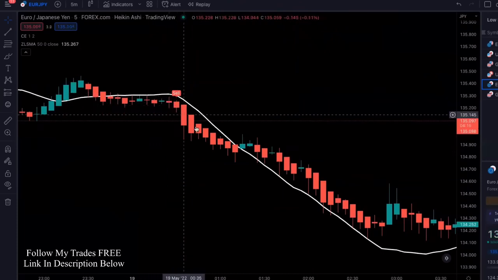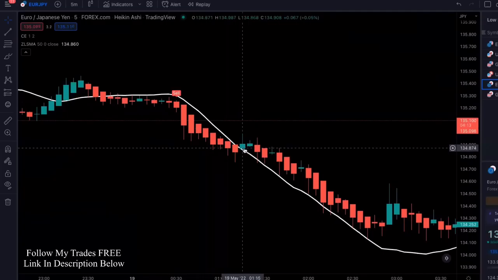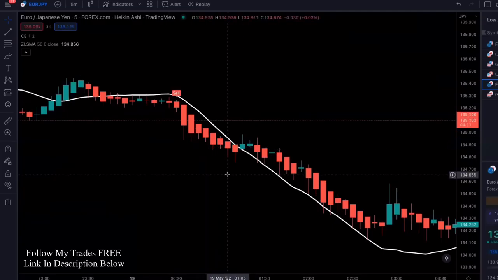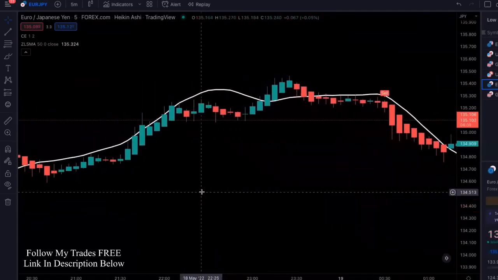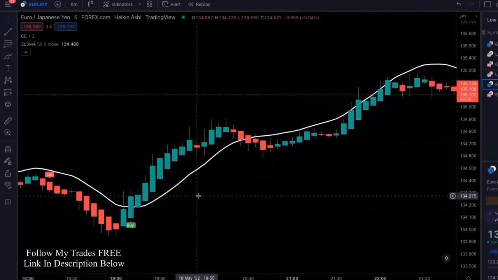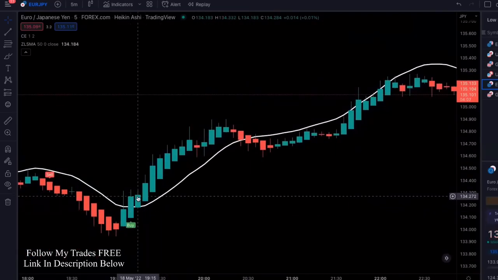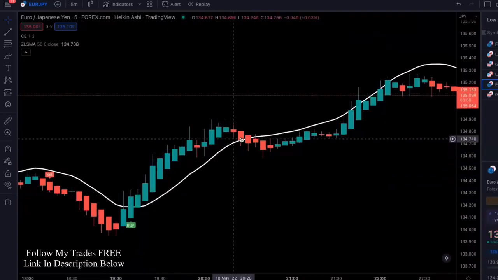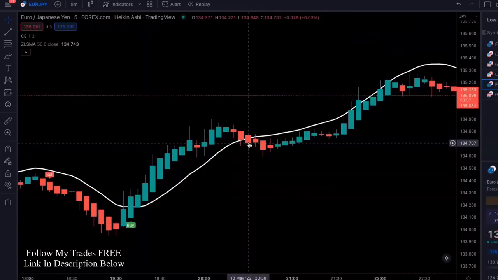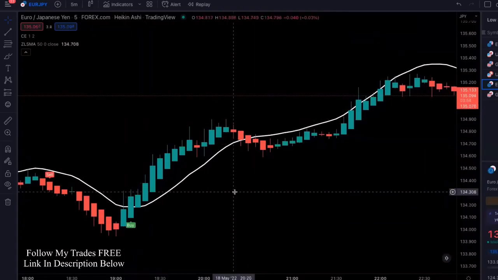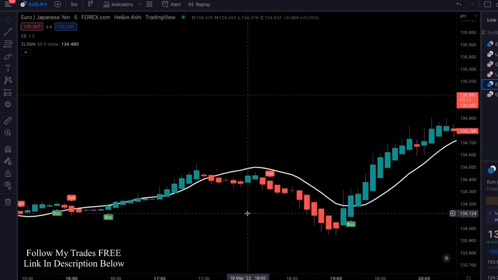You get a sell signal, take it and exit right there when it crosses over. Right here again, it calls for a buy signal. Price action is above the white line, you get in on the second candle, and then you exit when it crosses over. That would have been a pretty good trade as well.